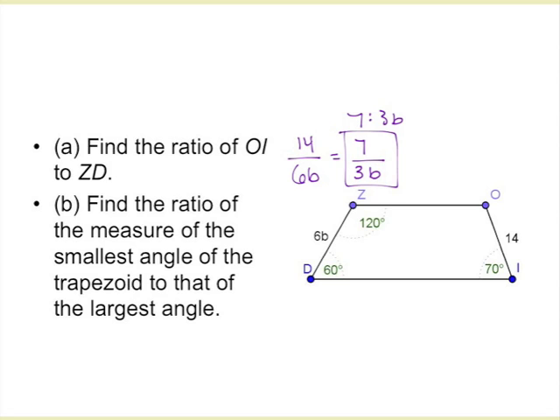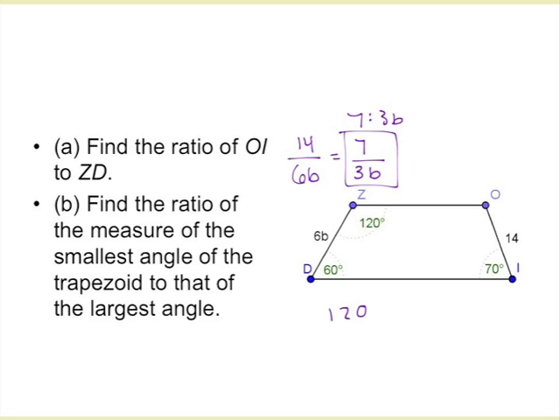The next one says find the ratio of the measure of the smallest angle of the trapezoid to that of the largest angle. So we need to know what that missing angle is, because if that angle up by O happens to be the smallest or the largest, then we actually need to be using it. So how can I find out how big that angle is? Add them all up and subtract it from 360. We know that inside of a quadrilateral, a four-sided, four-angled figure, we should have 360 degrees.